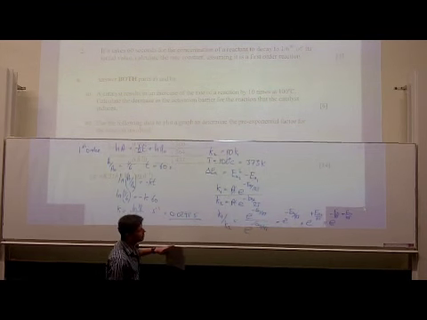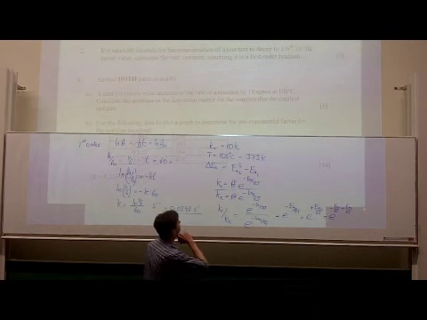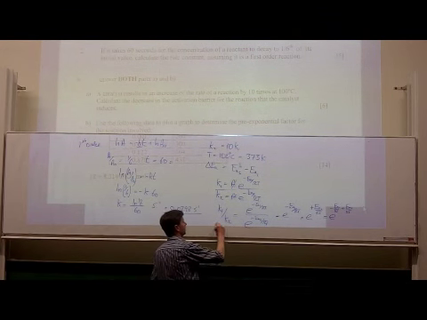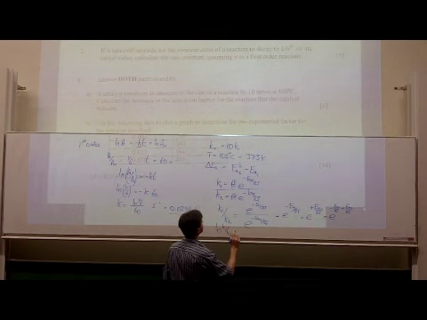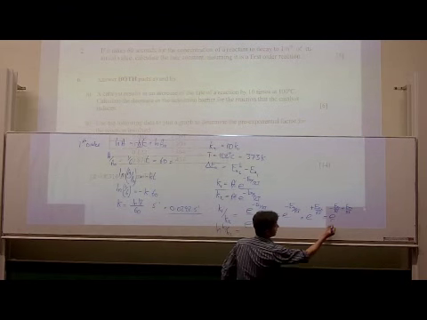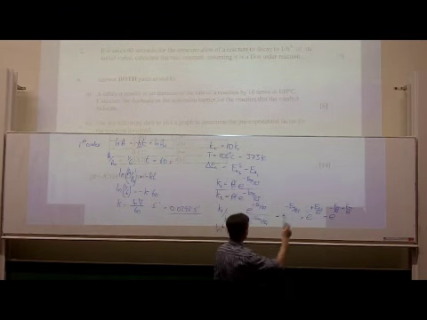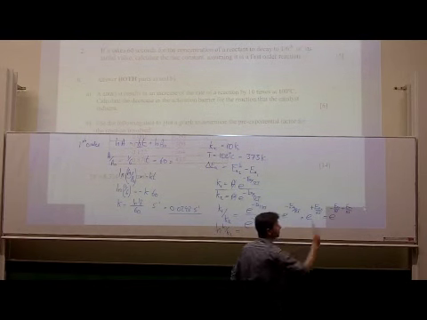Now what I'm going to do is take logs of both sides. So that'll give me the log of K1 over K2. And if I take the natural log, the exponential will just disappear and leave me with the power.